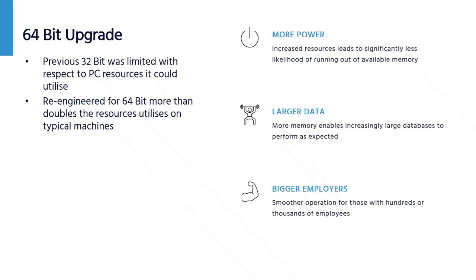For larger employers, those with hundreds or thousands of employees, occasionally they'd get out of memory errors halfway through payroll processing and have to jump out of the program, back in and continue where they left off. That's far less likely to occur now, because it more than doubles the resources available on typical machines to allow VisiPay more resources to process with.